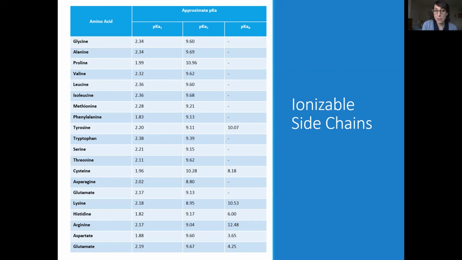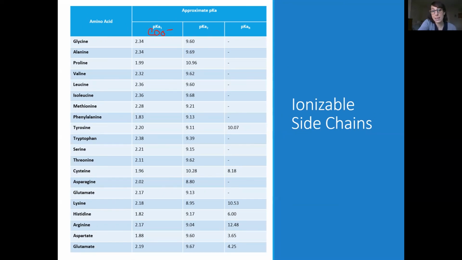So every amino acid has a pKa for its carboxylic acid group. That's this first pKa. And that's for every amino acid. Essentially, that's the pH when the carboxylic acid will get rid of its hydrogen.